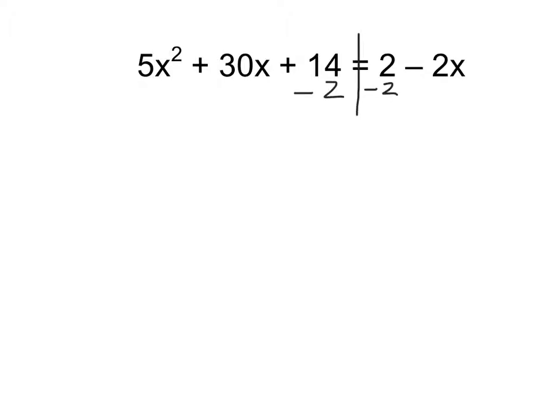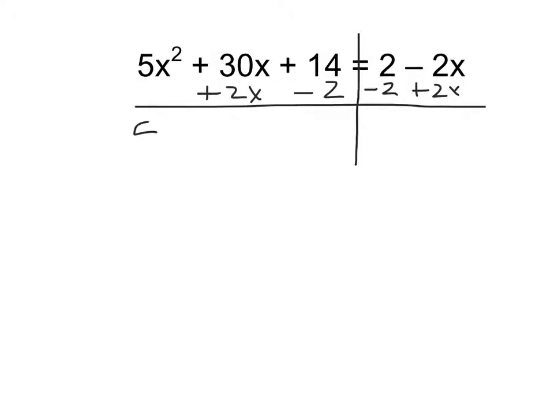Again, imagine there's a line going down that equal sign. Subtract 2x and add 14... so now by doing that, 5x squared carries down. This becomes 32x. And 14 minus 2 is 12. And then that's going to equal, all this goes out and becomes 0.